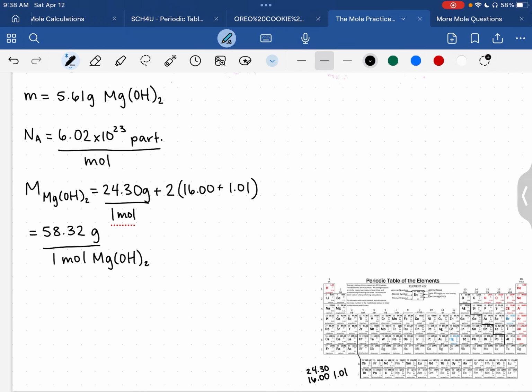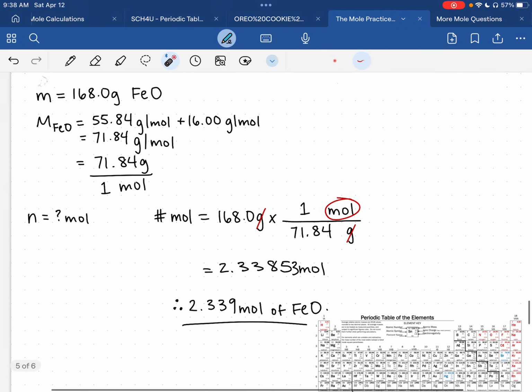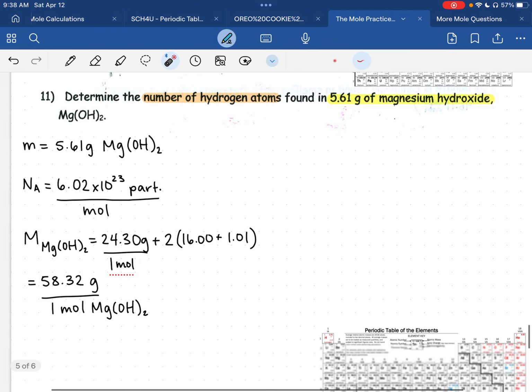So grams of magnesium hydroxide per mole of magnesium hydroxide. The reason I'm writing in the magnesium hydroxide in this one, when I didn't do it previously with the water, is because I'm determining the number of hydrogen atoms. It's not asking me for the number of magnesium hydroxide particles or formula units or compounds. It's asking me specifically for hydrogen atoms. So that means I also need to determine how many hydrogen atoms there are in one compound of Mg(OH)2.